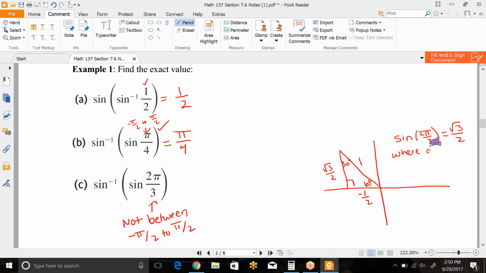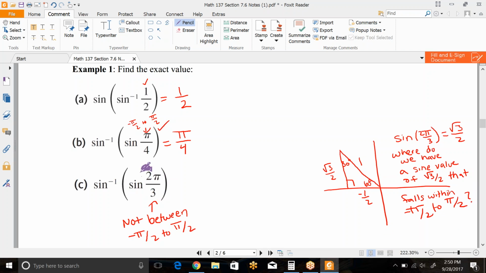Where do we have a sine value of square root of 3/2 that falls within the -π/2 to π/2? So that's really what we're going to be looking for.